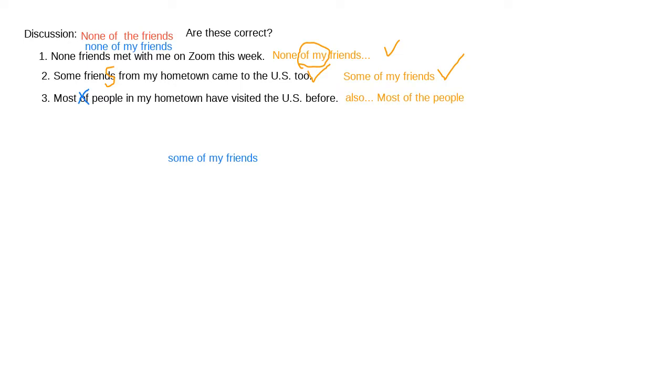It doesn't really change the meaning in this case. So again, we're using of with another word, or we're just taking out of and the word. So this is correct. Most people in my hometown have visited the United States before, or most of the people.